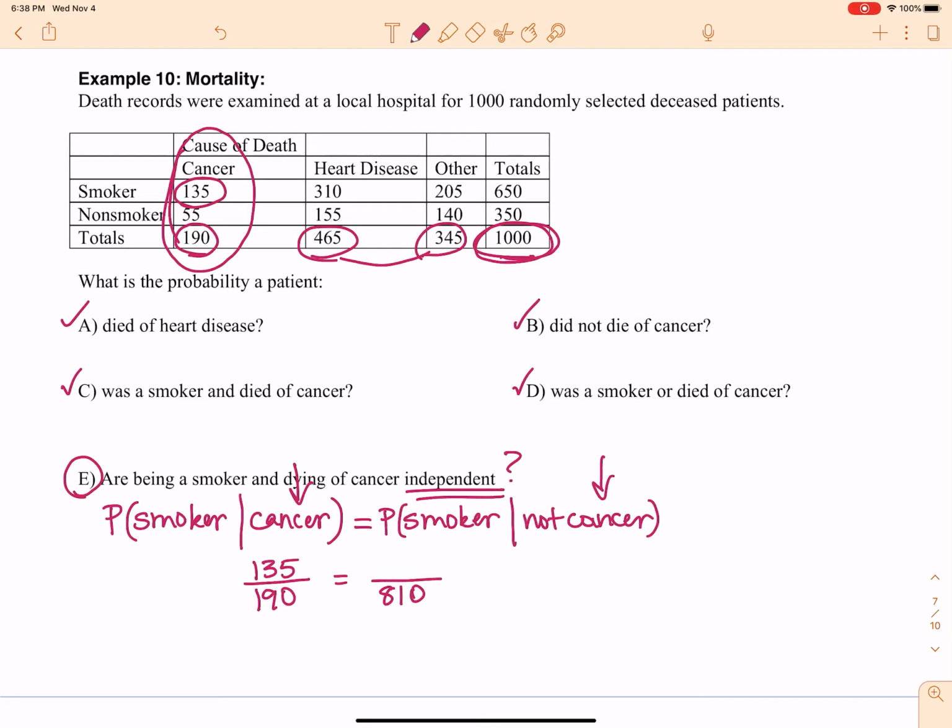Well, if you notice here, I've got 310 and 205. So that's going to be 515. So I want to know if these are equal to each other. You are not solving an equation here. You are just finding these values. So just to tidy this up a little bit, I'm going to go ahead and find my decimals, just so I can see this.